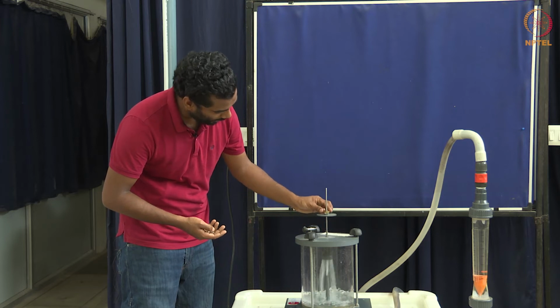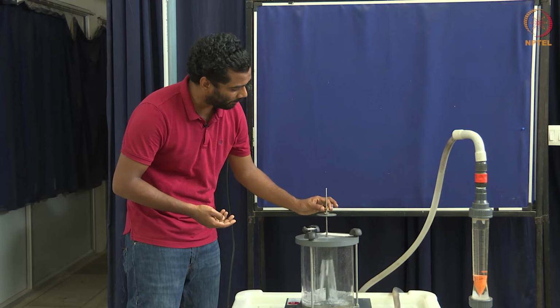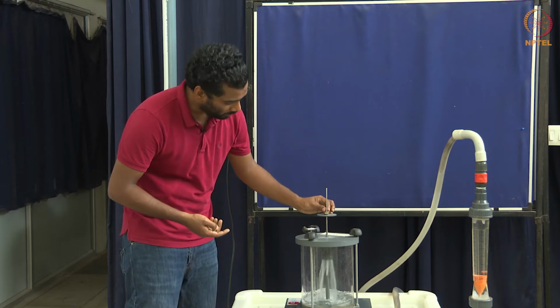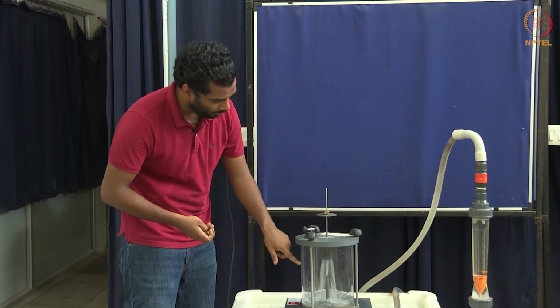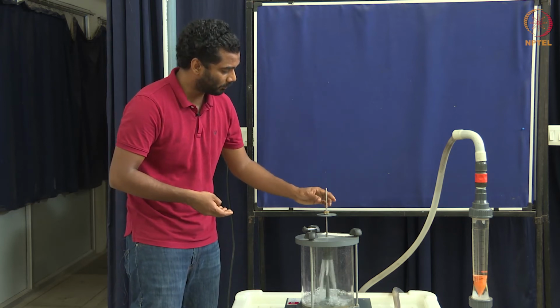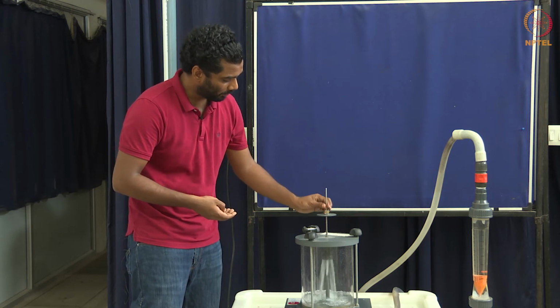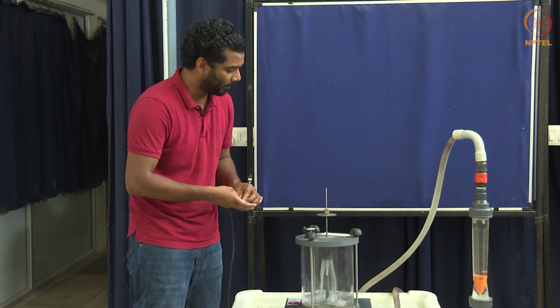I added 10 gram, also 17 gram, and it is not sufficient to counterbalance the jet force. So I will keep on adding small amounts of weight, and at some point we will get the equilibrium.